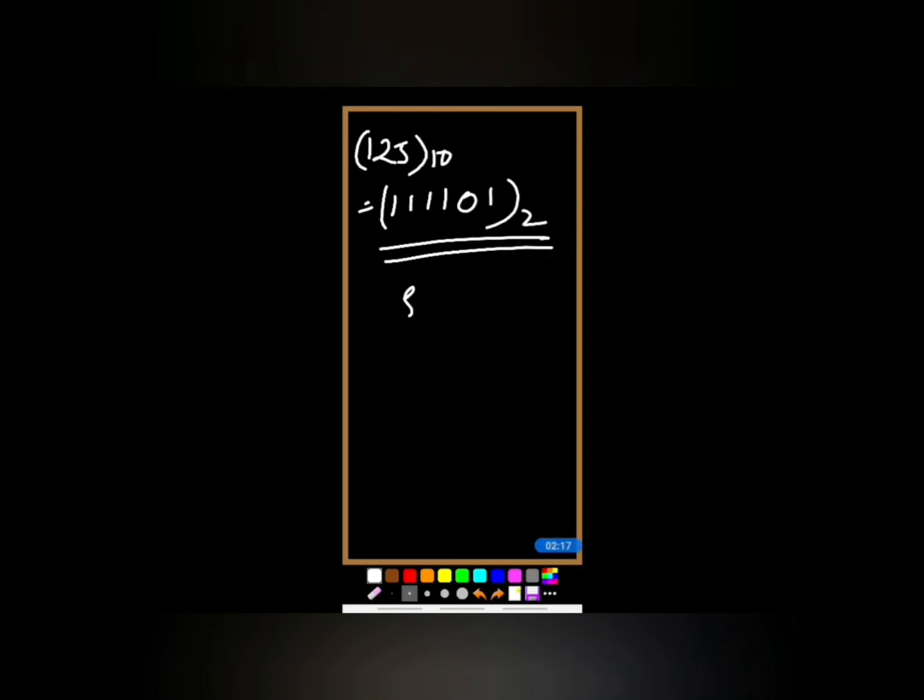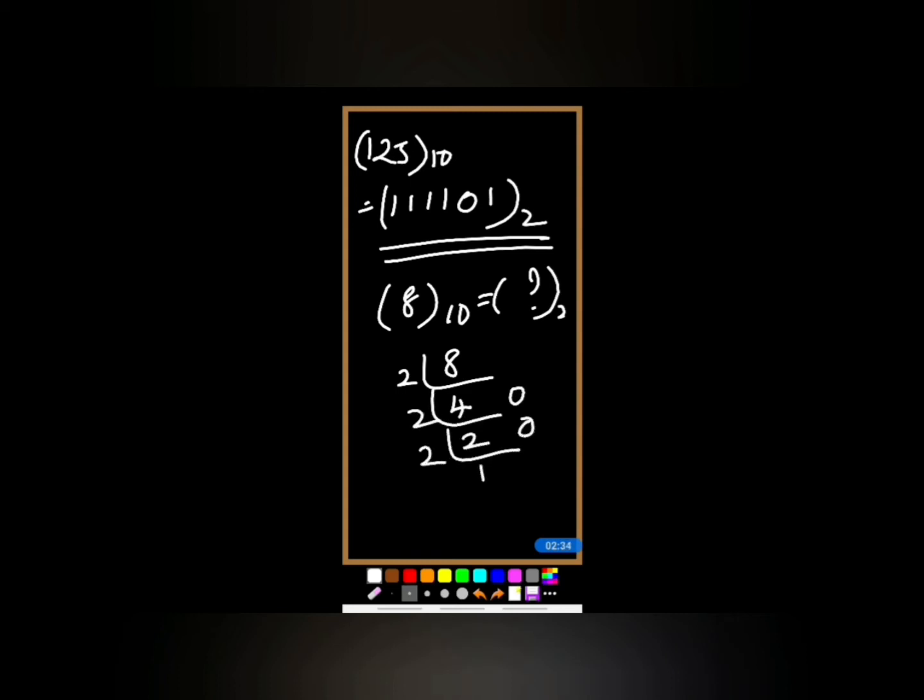If it is 8 base 10, what will be base 2? 8 divided by 2 is 4, remainder 0. 4 divided by 2 is 2, remainder 0. 2 divided by 2 is 1, remainder 0. 1 divided by 2 is 0, remainder 1. So the combination is 1, 0, 0, 0.